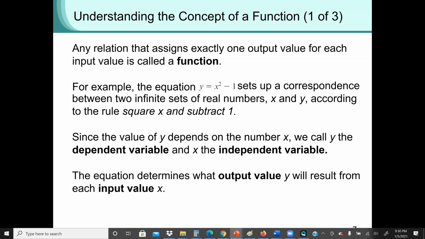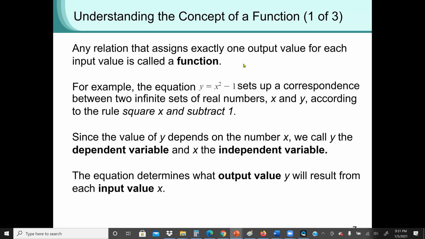So if an input can give us 2 different outputs, then it's not a function. Now I can have 2 input values that give me the same output value, and it is still a function.